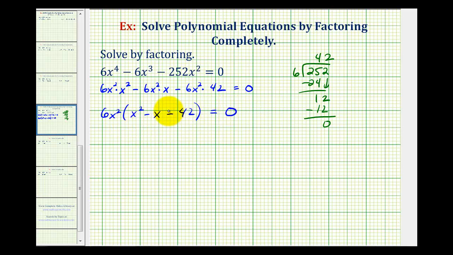And now looking at the trinomial factor here, since we have a leading coefficient of 1, it's going to be much easier to factor. So we still have this extra factor of 6x squared, and then the trinomial will factor into two binomial factors, where the first terms in these factors must come from the factors of x squared, which would be x and x.